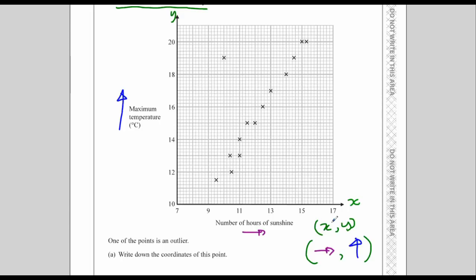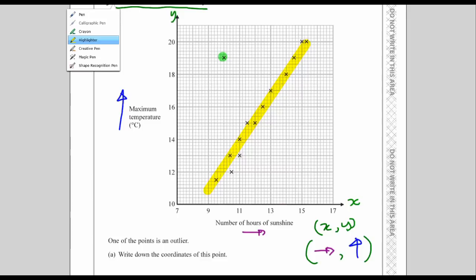Whatever works for you. Now we need to know what the outlier is. Now an outlier is something that doesn't fit in with the rest of the data. Can you see where all the data is over here? And there's one guy that doesn't fit in with that. Okay, so we need to write down the coordinates of this point. This is the outlier.